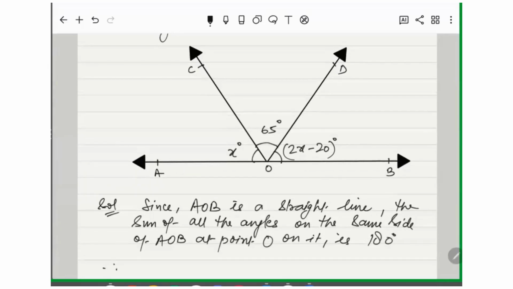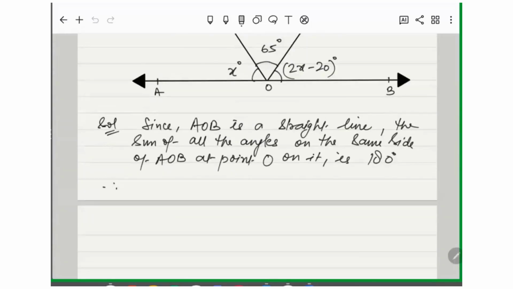So therefore, what can we write? Using this, we can write that X plus 65 plus 2X minus 20 is equal to 180 degrees, right? We will add them and equate to 180 degrees. Now solve it.